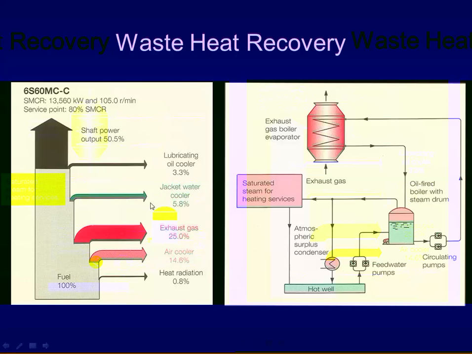And there are some ships that will use this for heating of the house. They'll have a heat exchanger and either use water as a medium, or in some cases I'm hearing they're using a thermal oil. But here's the big boy, exhaust gas. That's a lot of heat we can recover. Now, the more efficient, the bigger the turbochargers, the more of this heat is going to be taken up by your turbo to produce boost for the main engine.